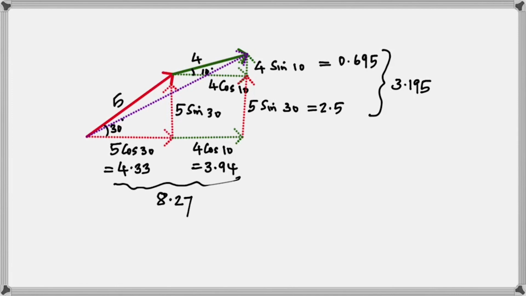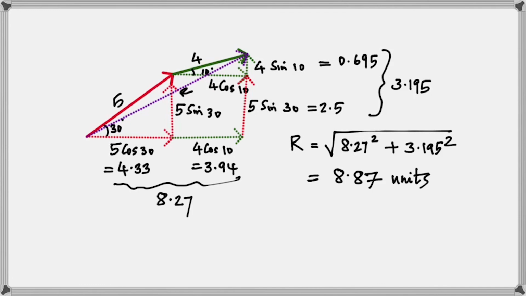Once you get the total x and total y, you know what to do. You find the resultant r by, just square each, add them, get your answer. At 8.87 units when you do that, and you may be asked to calculate this angle. Let's call it phi.